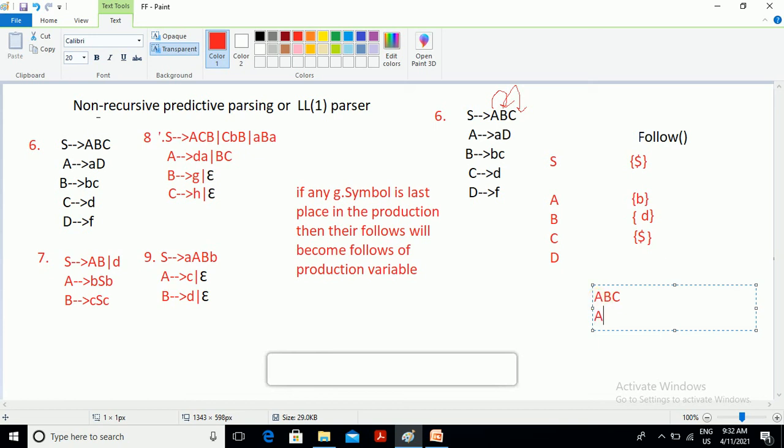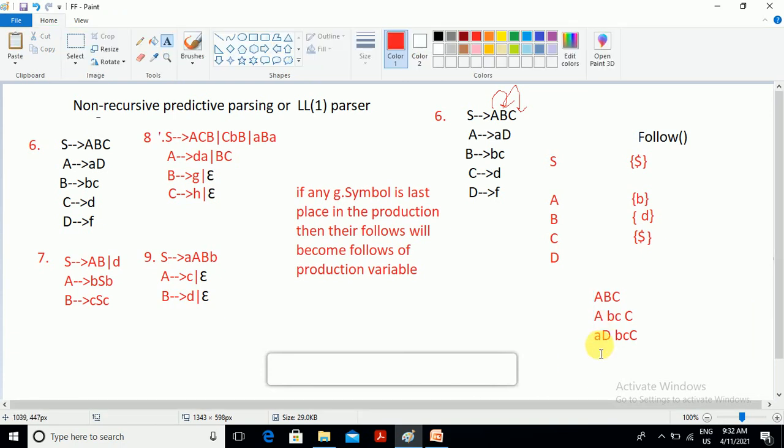Before that, what is the follow of capital A? Capital A is followed by capital B. So B can be replaced by small b, and capital C. After that A is also replaced by AD. Now after replacing A by AD, D is also followed by small b. It is just cross verifying.